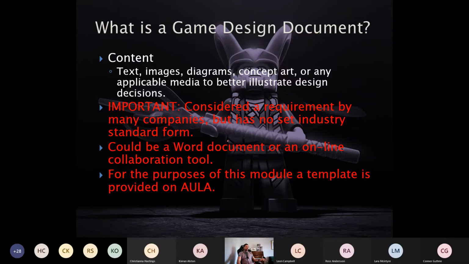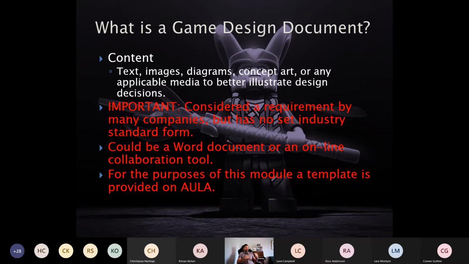So, content can be text, images, diagrams, concept art, whatever you choose, or any applicable media to better illustrate design decisions. Important, considered a requirement by many companies that has no set industry standard form. And I think if you actually go into a games company, they're relatively secretive about how these things are actually manifested into real life, or what particular standards they have.